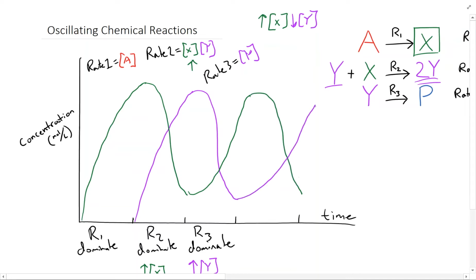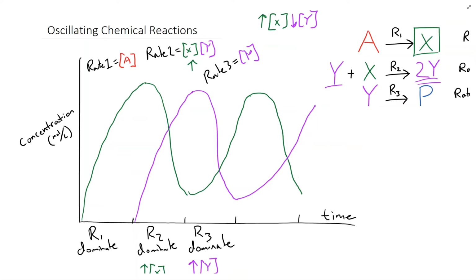So if we look at this process, it's fascinating because we see that these different reactions, because of collision theory, we see that the concentrations are actually switching places between X and Y. It's oscillating. This doesn't make any sense because we know that reactions move forward spontaneously and then cannot move backwards because that would be an unspontaneous process.